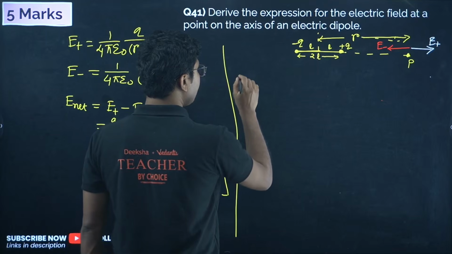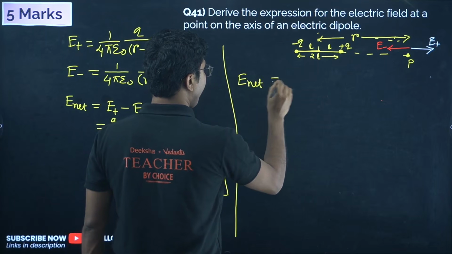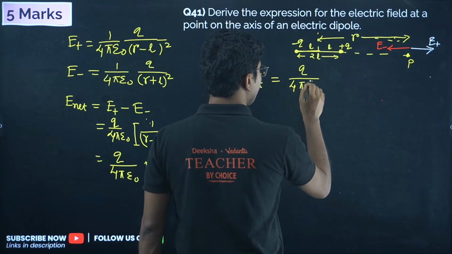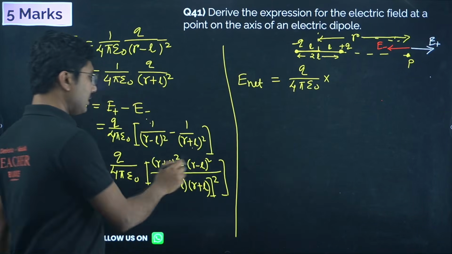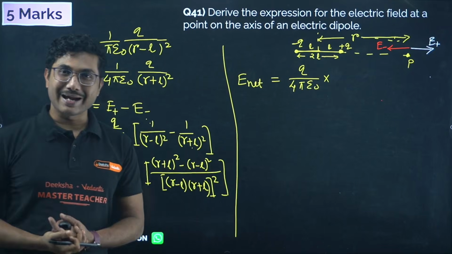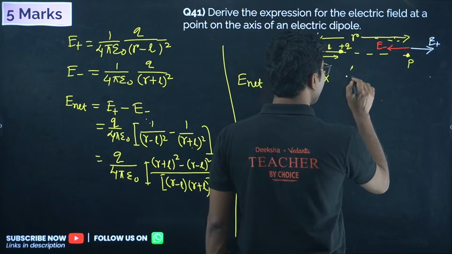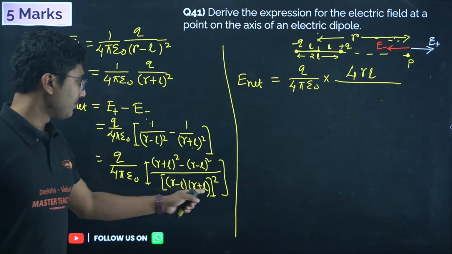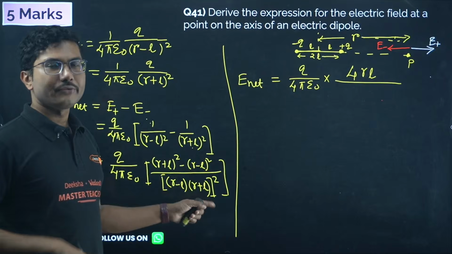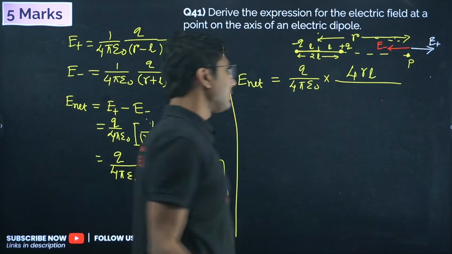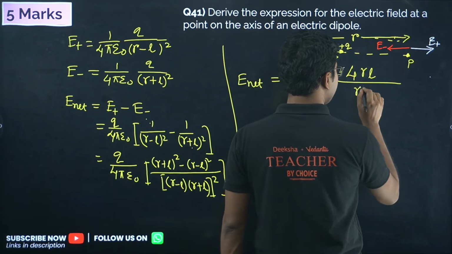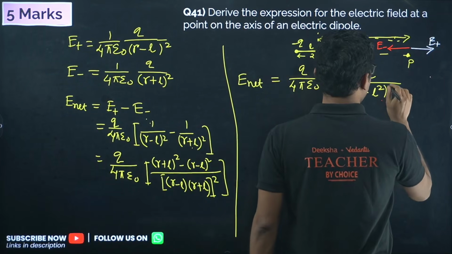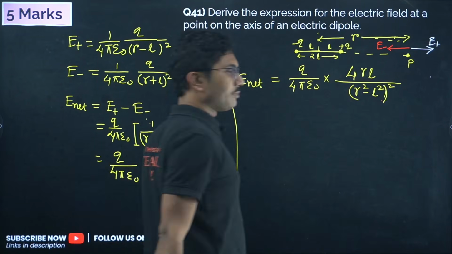So the net electric field will be q by 4 pi epsilon naught. Now if you remember, there is a formula: (a plus b) whole square minus (a minus b) whole square is 4ab, here 4 into rl. And this one will be (a minus b) into (a plus b), which is a square minus b square, so r square minus l square, and obviously there was a whole square already present, so that will also be there.